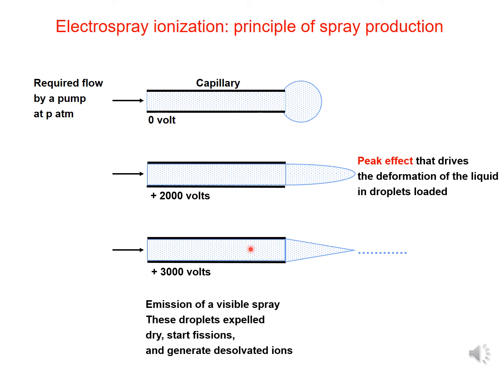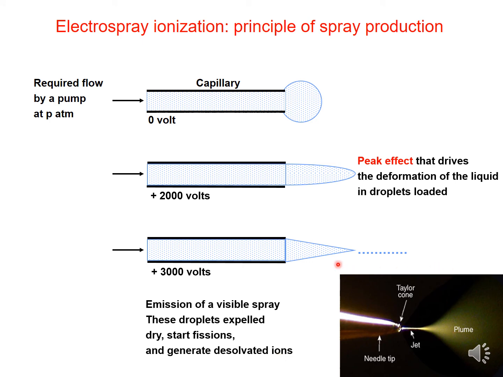So the process allows, with the pumping here and the voltage applied at the end of the capillary, to obtain a spray, and there are different steps to perform the ionization. This droplet is the compound we want to ionize. This droplet expels drops first, starts fission, and generates desolvated ions.